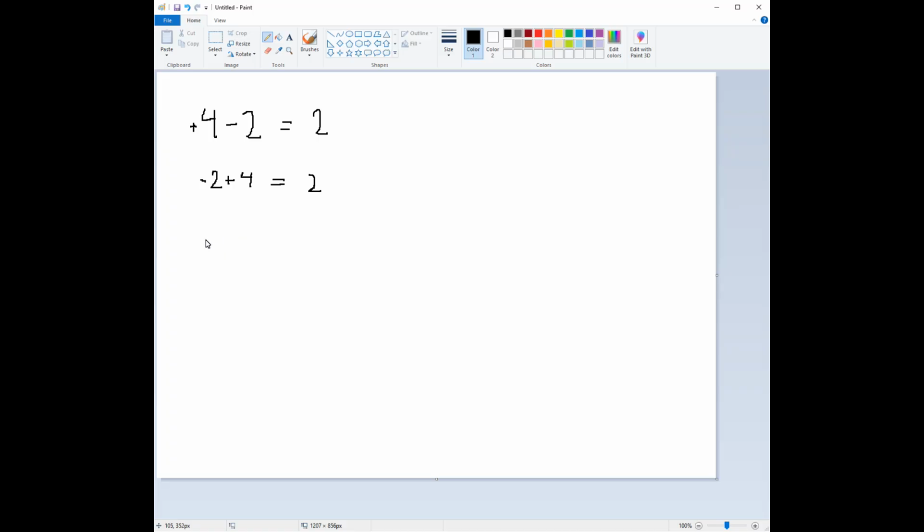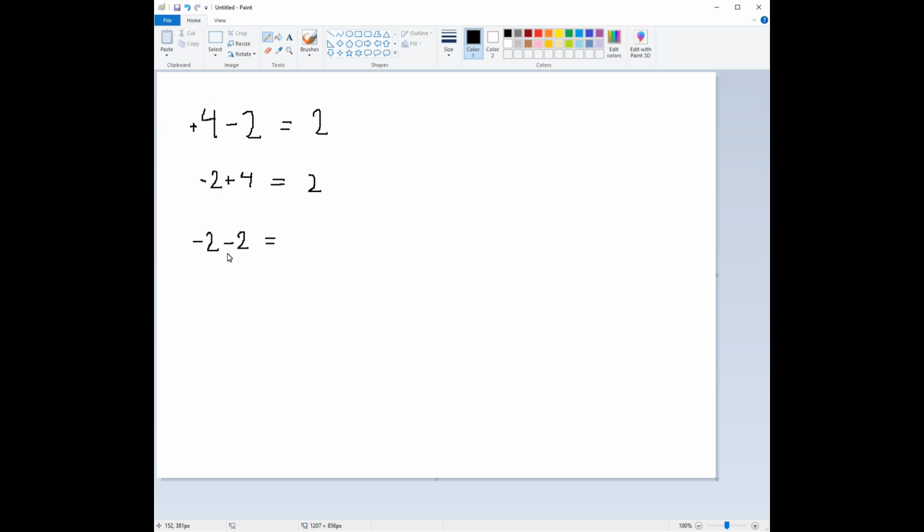We can also do other things. So instead of negative 2 plus 4, let's try this one. Negative 2 minus negative 2. So how many negative numbers do we have? We have 2. We have negative 2 and another negative 2.